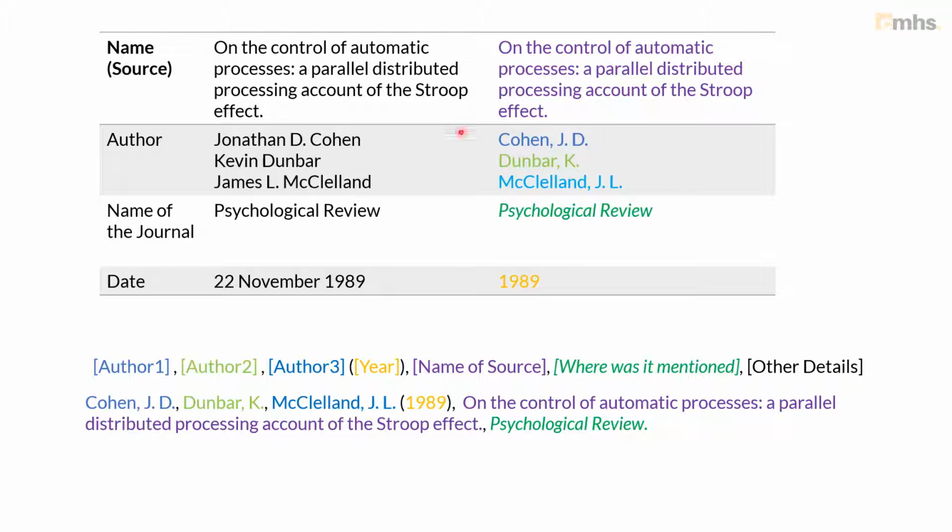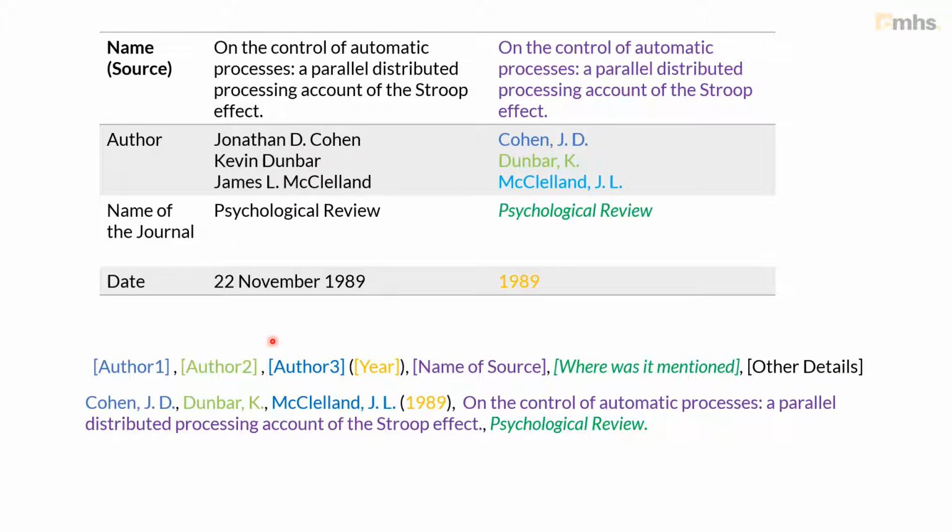The more important part is how this author name got converted to this author name. The general convention of writing an author name is your last name, comma, the first letter of your first name, which is J, and the first letter of your middle name, which is D. And that's how all of these are converted.